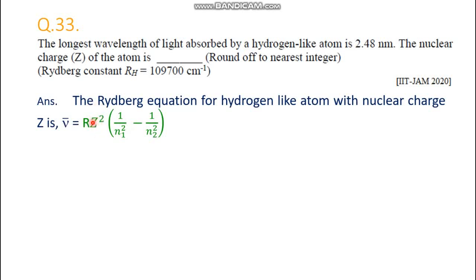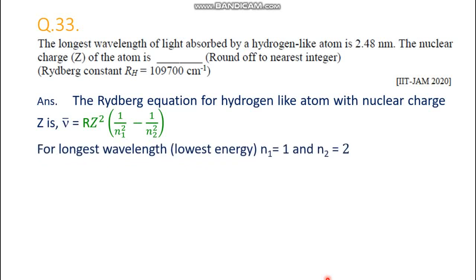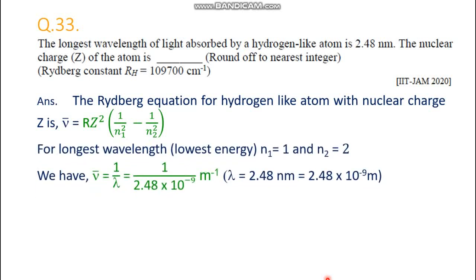For hydrogen, this Z is 1, but for a hydrogen-like atom, this Z may not be 1, and we have to find the value of this Z. So in order to get the longest wavelength, as I have said, we have to choose the Lyman series. In that case, for the longest wavelength, that is the lowest energy, n1 should be 1 and n2 should be 2.